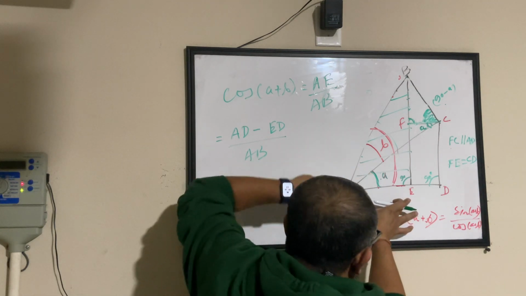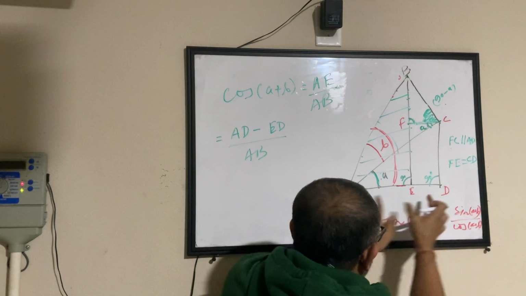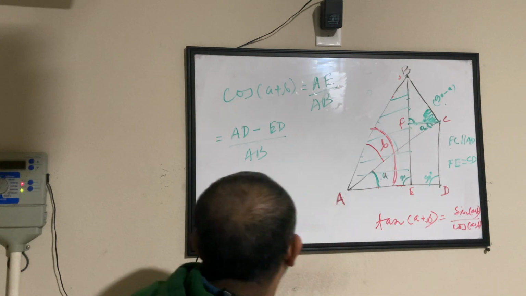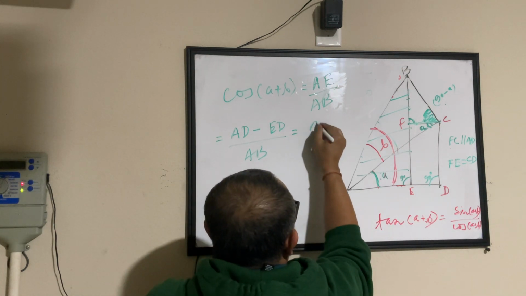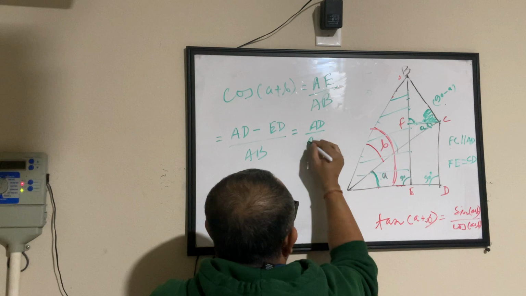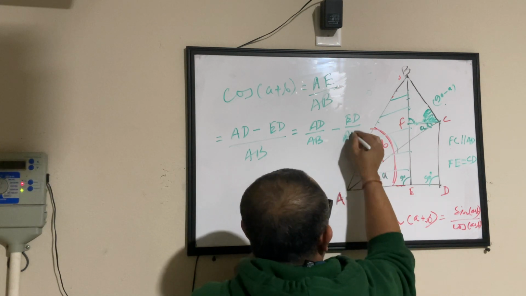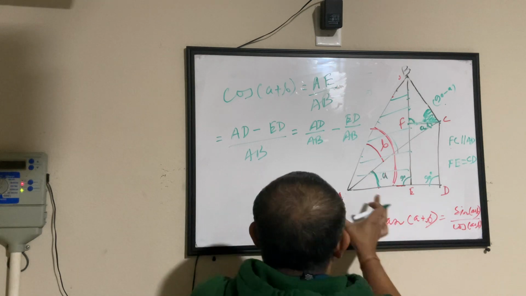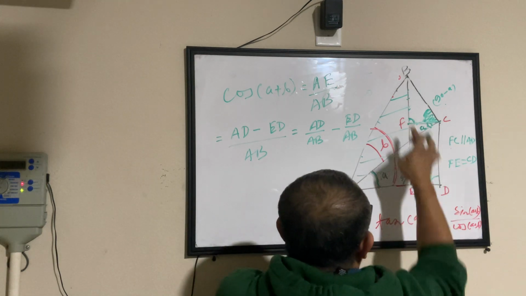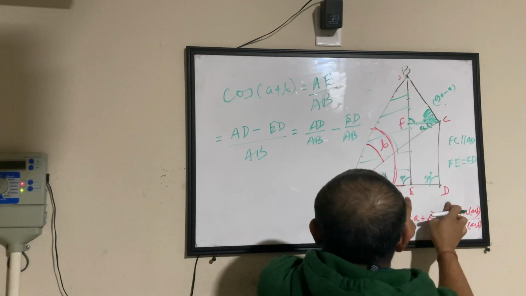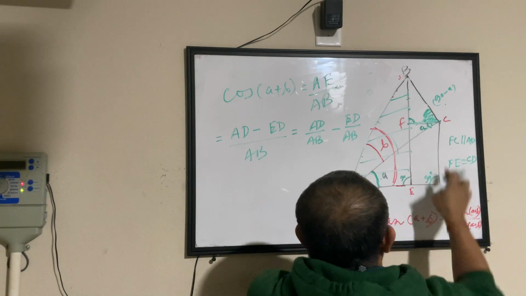So this becomes AD by AB minus ED by AB.